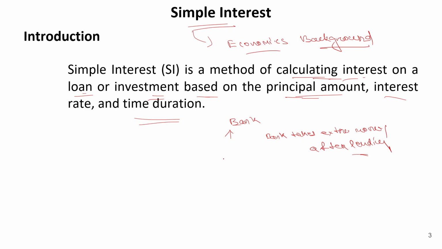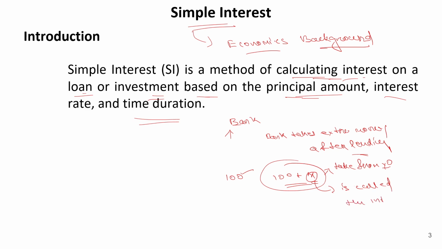If the bank lends you 100 rupees, it will take back from you 100 rupees plus some positive real number X. This part X is called the interest, the extra money that the bank charges for lending you money.